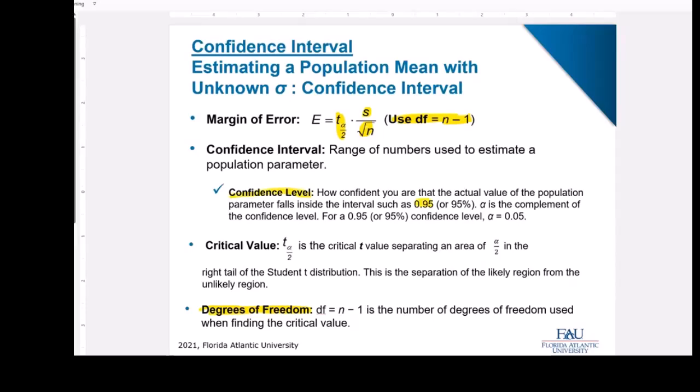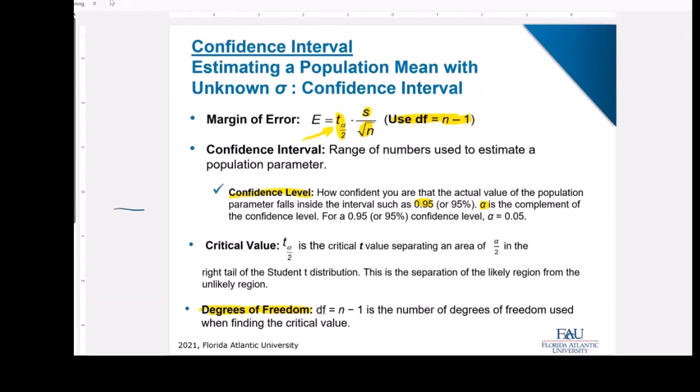We have a 95% confidence that our population mean is somewhere in this interval, which is the same alpha that I'm seeing right here, the complement of the confidence level. The complement means 1 minus. If we're looking for a 95% confidence interval, that means that alpha is going to be 0.05.